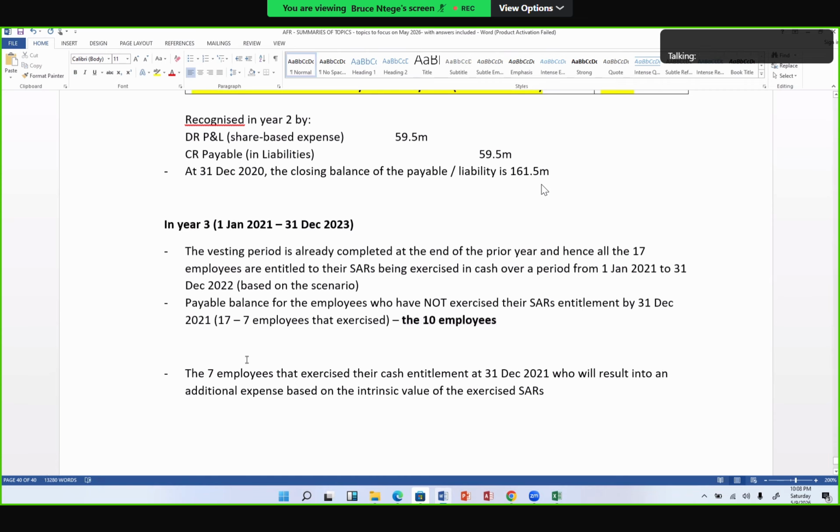So I still have a payable for these 10 employees, while for the 7, I am going to compute the additional expense based on intrinsic value. So let me get again a table similar to this and deal with the liability for the 10 employees who have not taken their money.